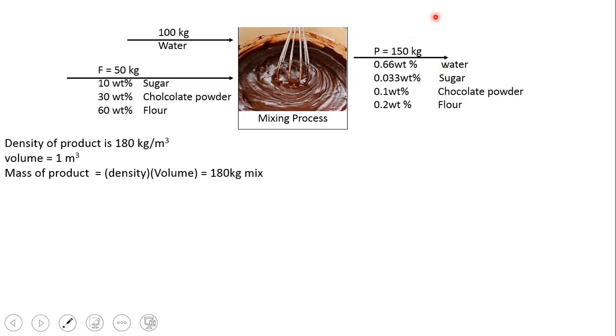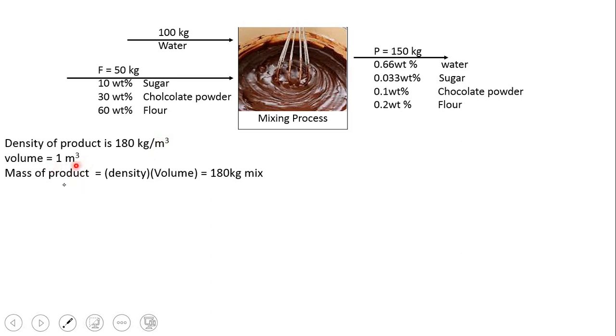Let's say the density was very liquidy and you want it to be more stiff, and you want to change the density of the product, and you want the density to be 180 kilogram for each cubic meter.